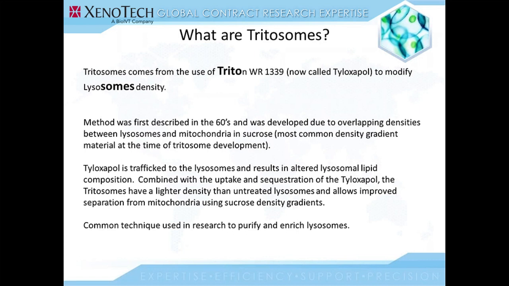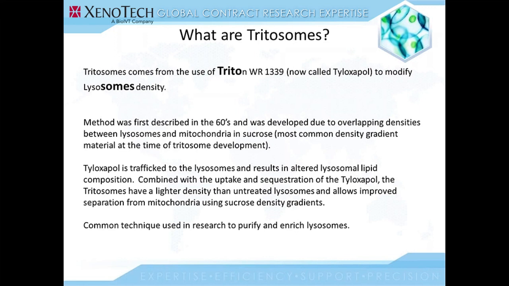This method was first described in the 60s, and it was continuously developed over the years as a way to increase the purity of lysosomal isolations due to overlapping densities of the two organelles in sucrose, which at the time was the most common density gradient material. There are newer materials now, however, they also have their own sets of pros and cons. Tyloxapol or Triton is actually trafficked to the lysosomes and sequestered there.